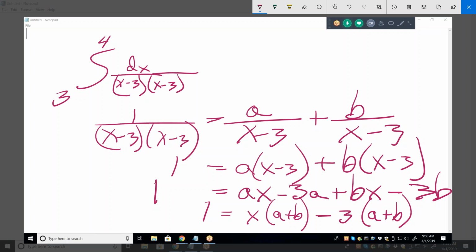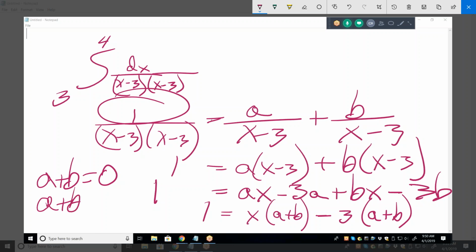Now, there is no x term up here, so I know that a plus b has to equal 0. And I also know that a plus b has to equal negative 1/3. In other words, this number has to equal 1.